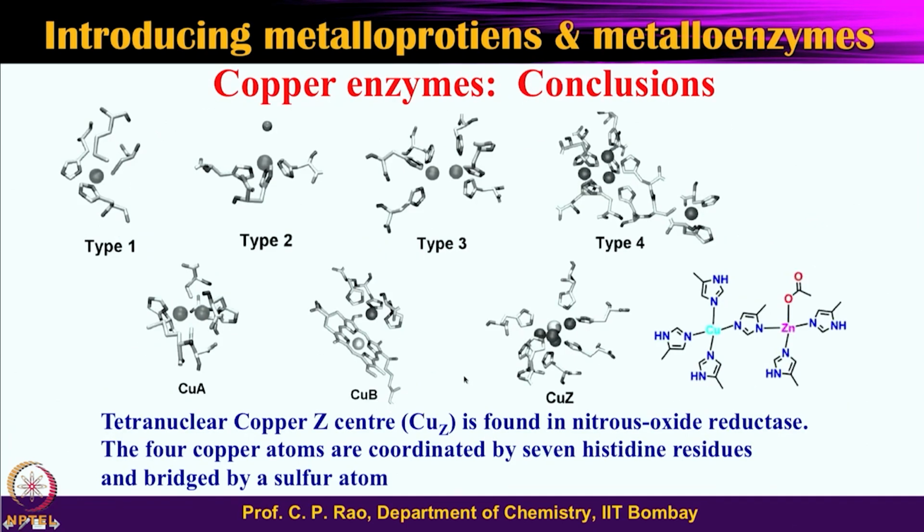So, in effect, under this particular story of copper, biological inorganic chemistry, or inorganic chemistry of copper in life, we have looked in great detail at type 1, which is a blue copper protein. We have looked at the type 2, which is involved in the redox process like galactose oxidase, amine oxidase kind of things.